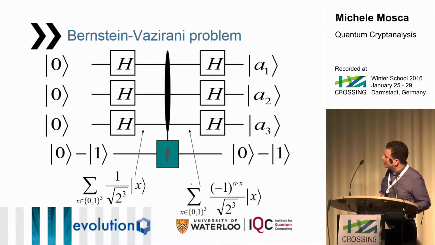So you get a superposition of all the n-bit strings x with a secret phase of minus 1 to the a dot x. And you want to know a, right? Classically you need to query this n times to get all those bits. But quantumly, what can you do?